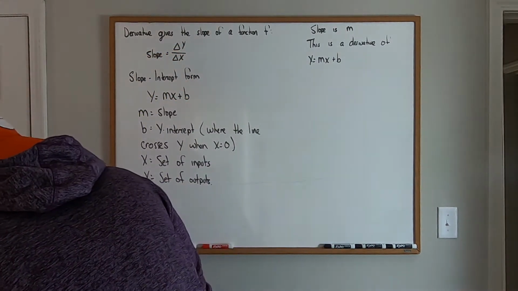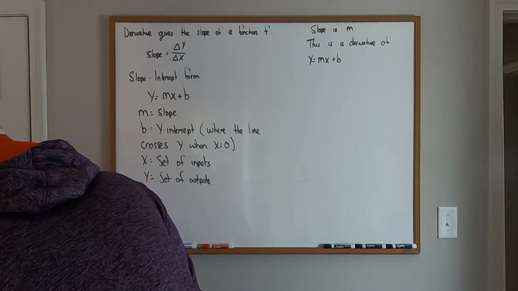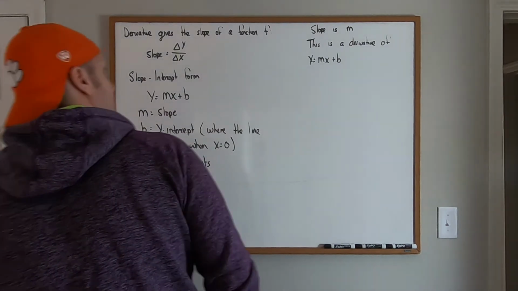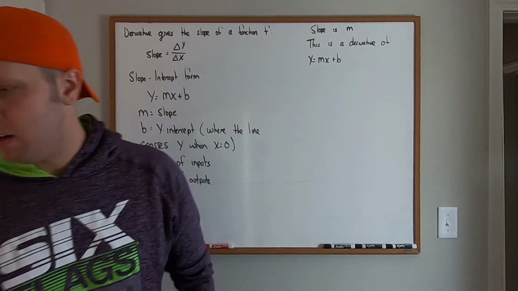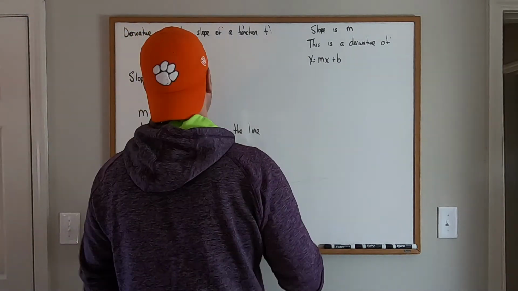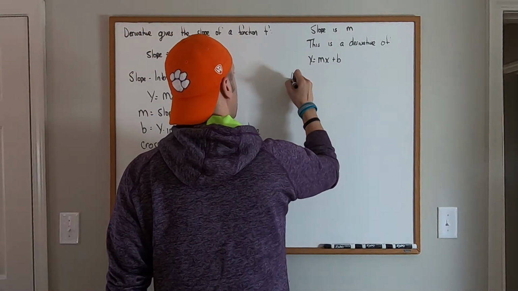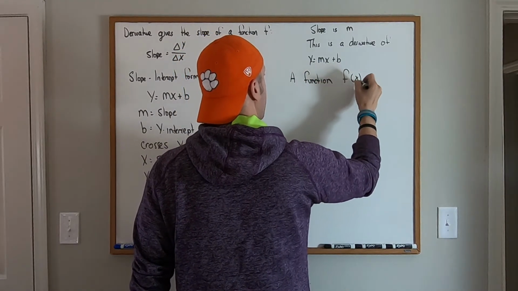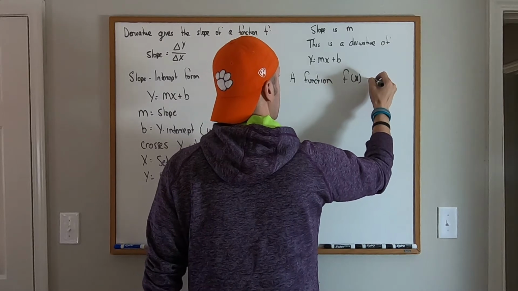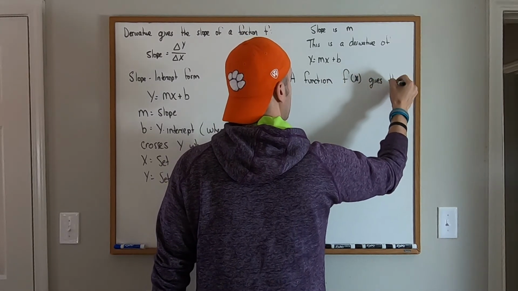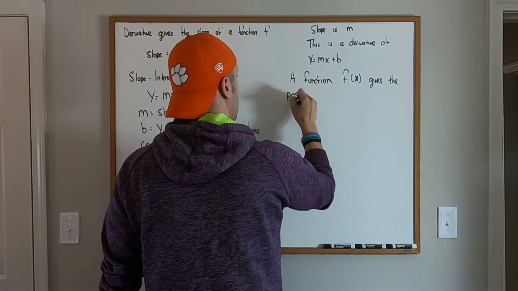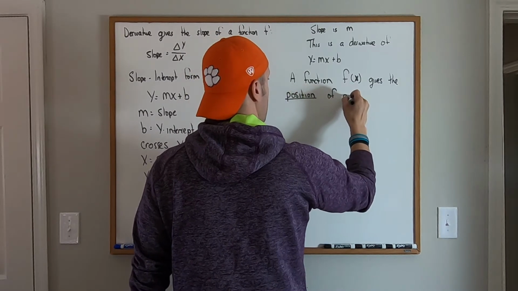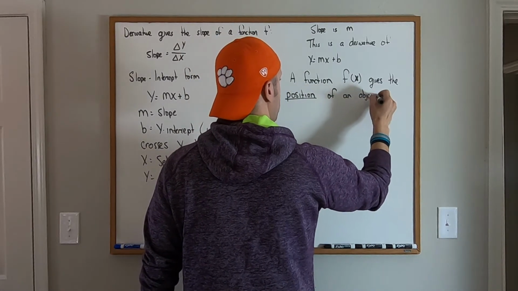So let's see. How does this work? Well, the function f of x gives the position of an object.